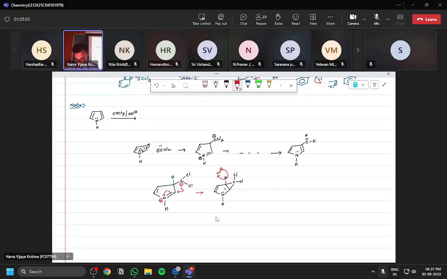Now this bond will shift here, making this Cl leave. Then what happens to the size of this ring? Okay, don't pull that. I will do one thing: I am shifting this bond here and making this Cl minus leave. Then what happens to this carbon? It gets a positive charge. Now the size of this ring becomes a 6-membered ring, or not?